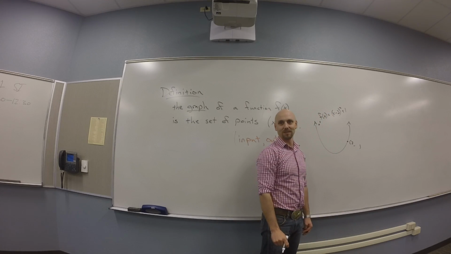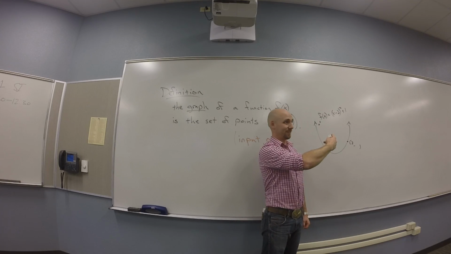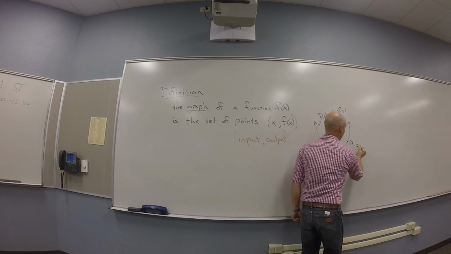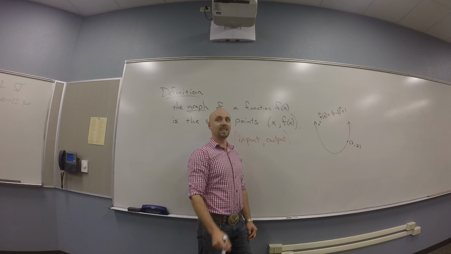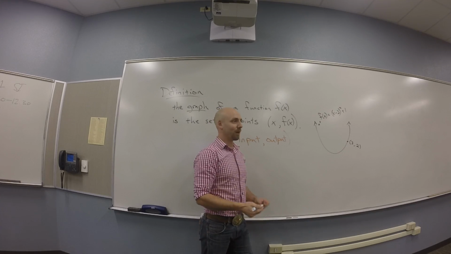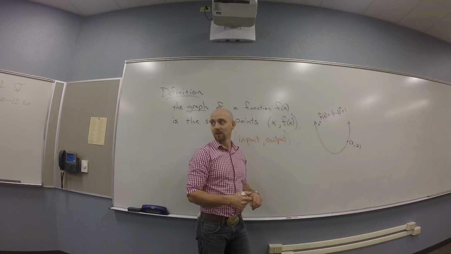Where do you get the something? You plug in 3 in the function. You plug 3 in, and what do you get out? 1, 2. Seems like 2. Cool. That's a what comma what pair? That's an input output pair. That is an input-output pair, or an x f of x pair. You guys cool with that?